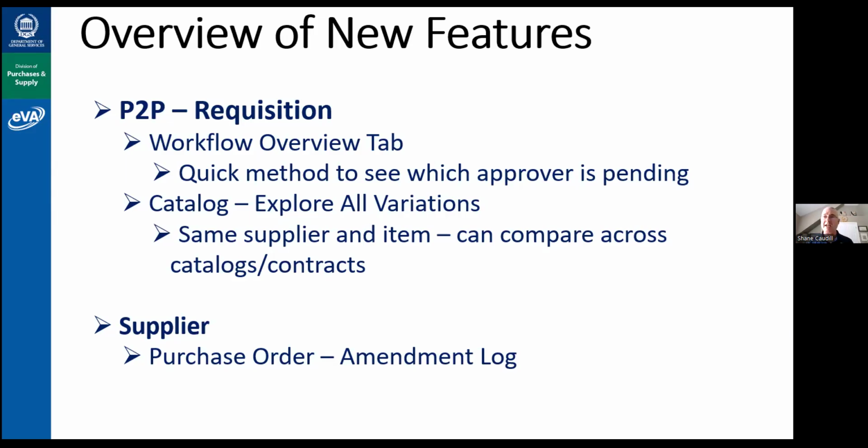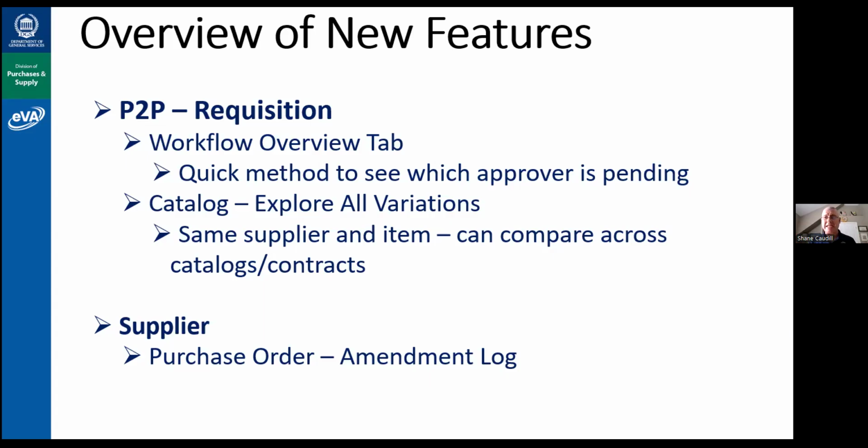There is in the catalog screen the ability to explore all variations. This may not impact a lot of you. This is really where you have catalogs from the same supplier and item, maybe across different contracts.